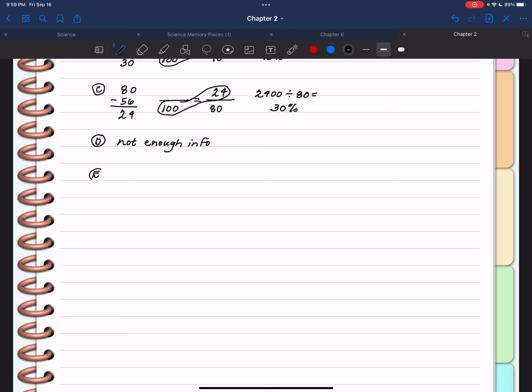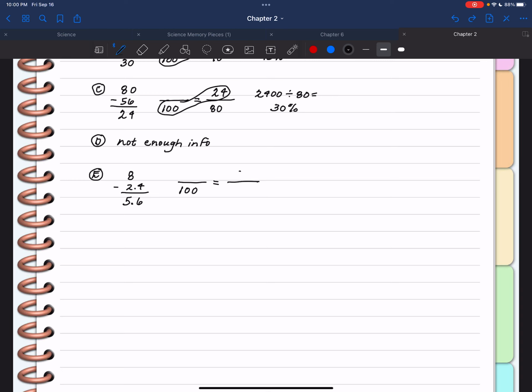And then E is a speed of 8 miles per hour decreased to 2.4. So that's going to be 8 minus 2.4. This is going to be more than 30%, but let's see what it is. So 5.6 compared to 8.